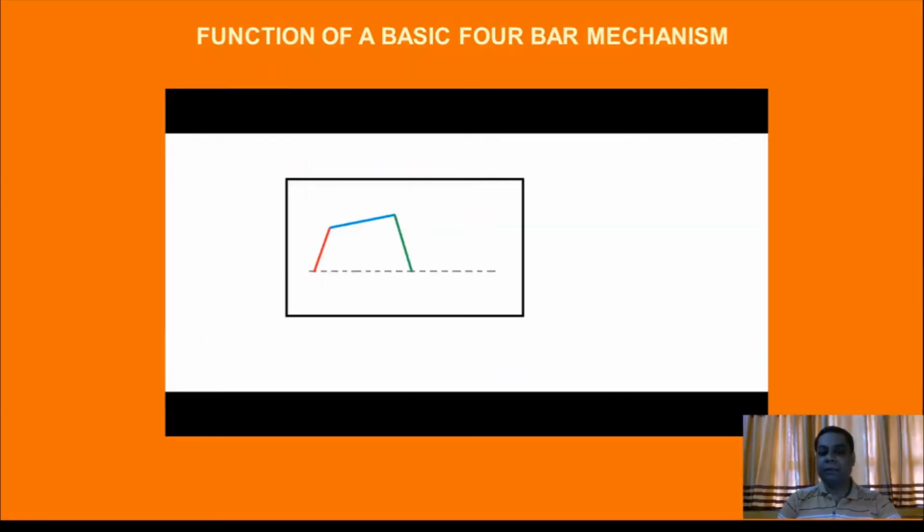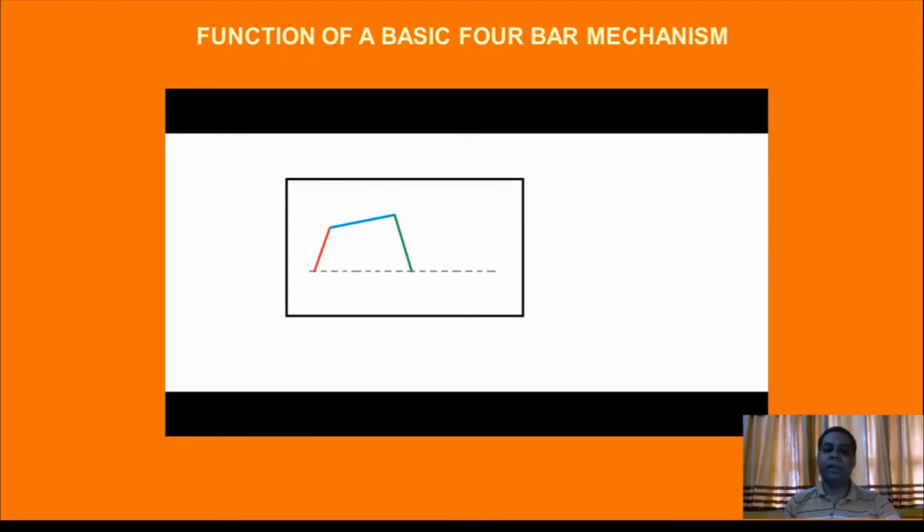Now over here I can show you an animation to elaborate the function of a basic 4-bar mechanism. Here the horizontal gray dotted line indicates link 1, that is called the fixed link. The red one, consider that it is a crank. The blue one, consider that it is a connecting rod, and the green one is some other link.